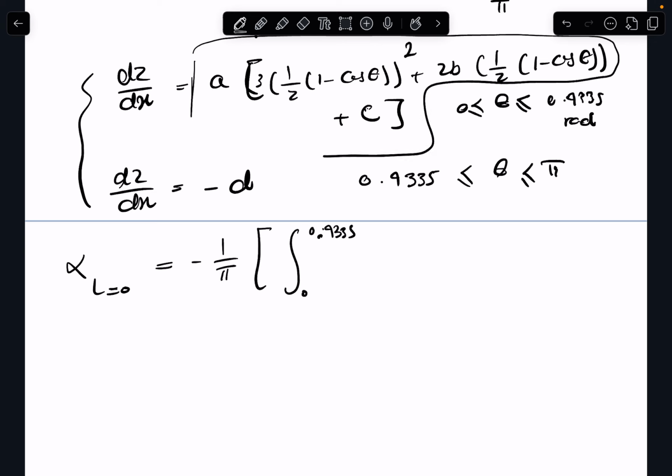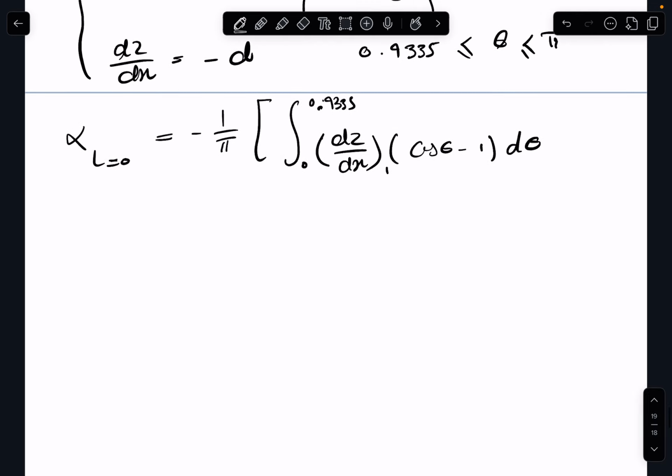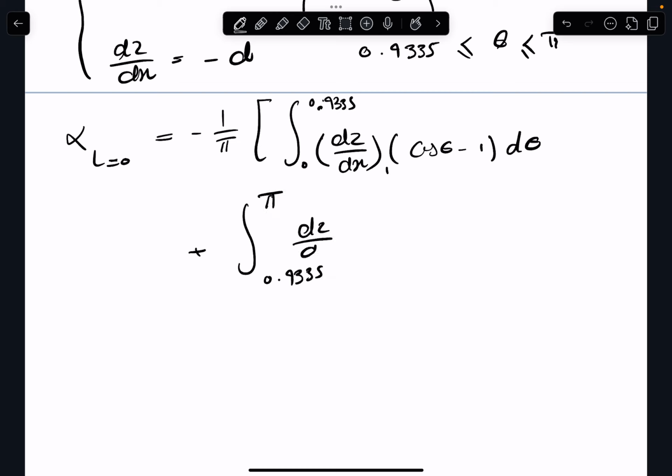I'm going to call this dz dx1, multiplied by cosine of theta minus 1 d theta, plus a second integral that goes from 0.9335 to pi of dz dx2 times cosine of theta minus 1 d theta.